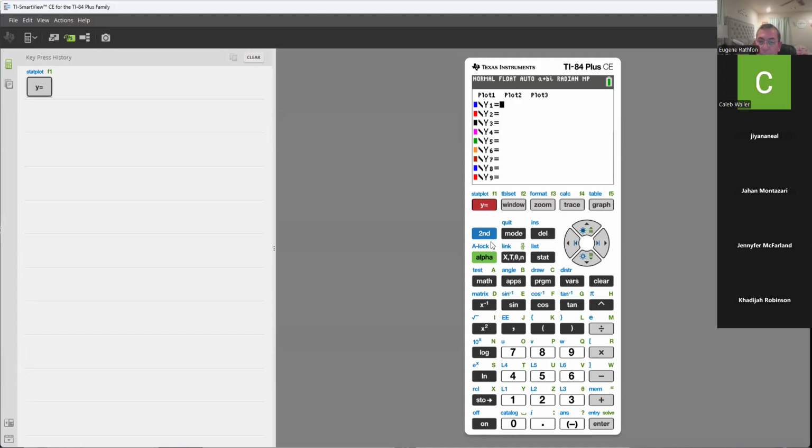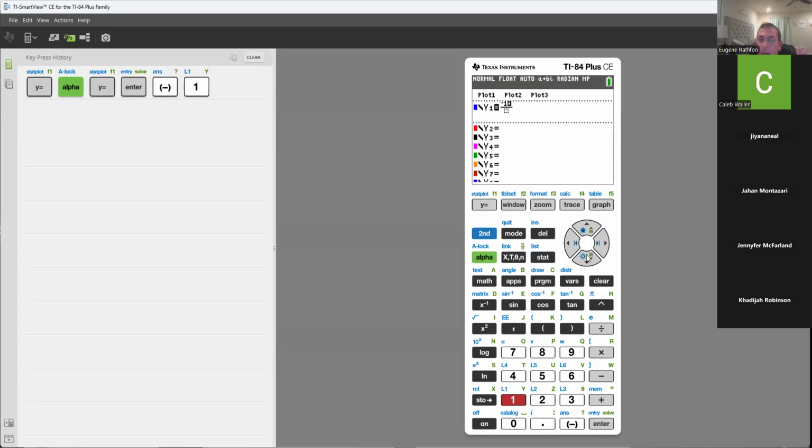So to make that fraction, I'm going to hit the green alpha button, y equals, and enter. So that was a -1 on top, arrow down, put your 2 in, arrow right, and put the x in. And then I had -2.